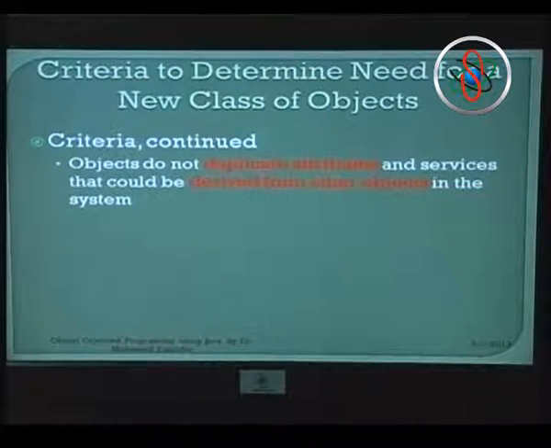Services that could be derived from other objects in the system are like inheritance. We are going to make sure that we apply inheritance techniques well, so as to connect these classes together. In general, these criteria are very important, and we have to keep in mind the layers of the model.